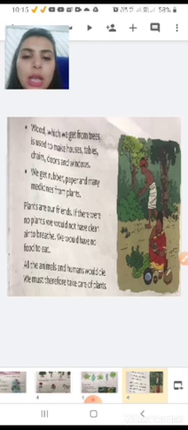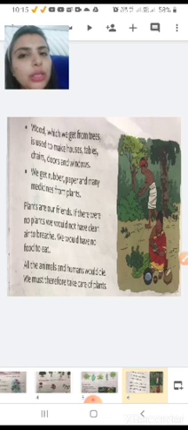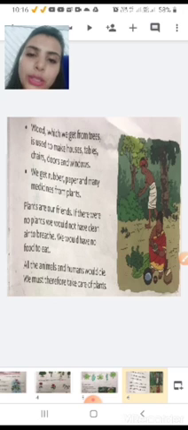Now next is plants are our friends. If there were no plants, we would not have clean air to breathe. We would have no food to eat. All the plants and the humans would die. We must therefore take care of plants. So basically, plants are our friends. We have to treat them as our friends. As we treat our friends with lots of love and care, we also treat the plants with lots of love and care.